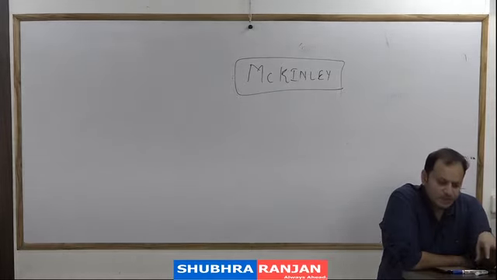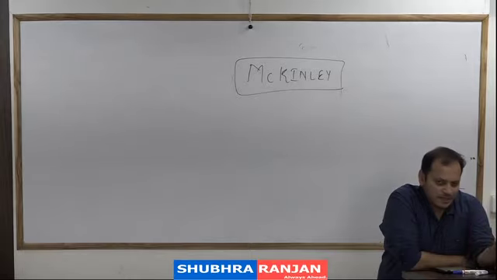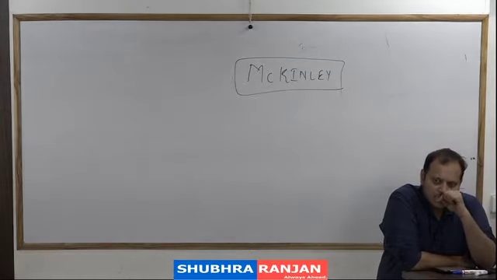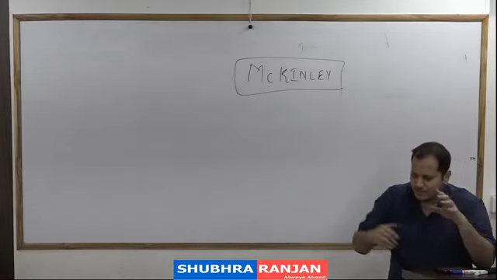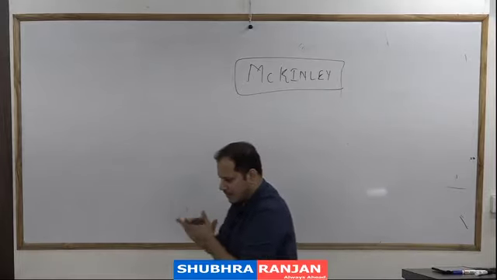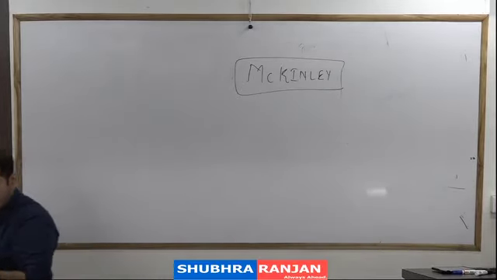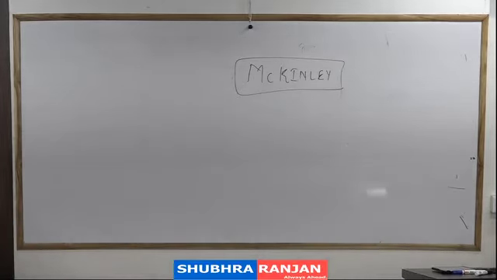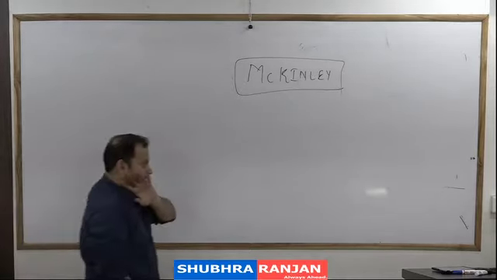Which country does it lie in? Canada or USA? USA. It lies in USA because Alaska is a part of USA. You will find McKinley here, Alaska. That is the highest peak of the Rockies. Very simple. No need to memorize anything.